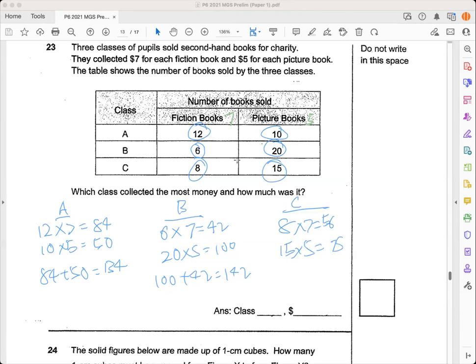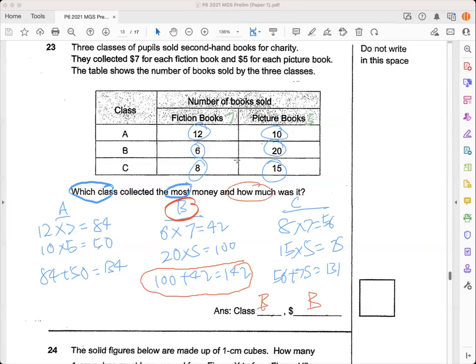So altogether, class C collected 56 plus 75, 131. The question is, which class collected the most? This 142 is the highest, so it's class B. And how much? 142.